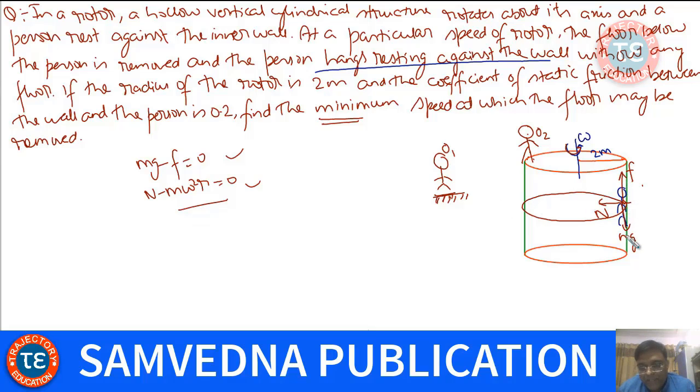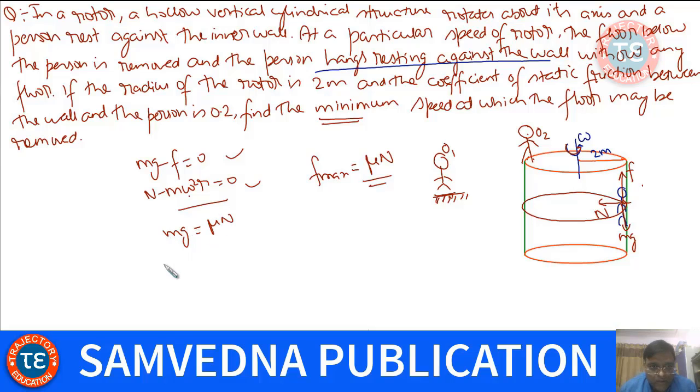The minimum speed should be such that this F should balance mg. And what is F equal to? The maximum value of F is equal to mu n, right? I want omega to be minimum, I want the minimum value of omega such that this person does not fall.